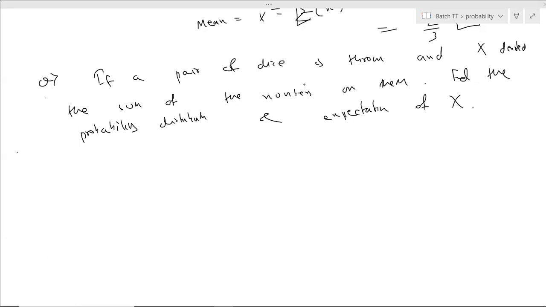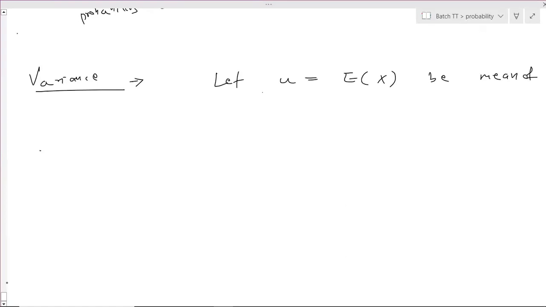All right. So there is another thing you have to find out sometimes, which is variance. What is variance? Let mu equals E of x be the mean of x.